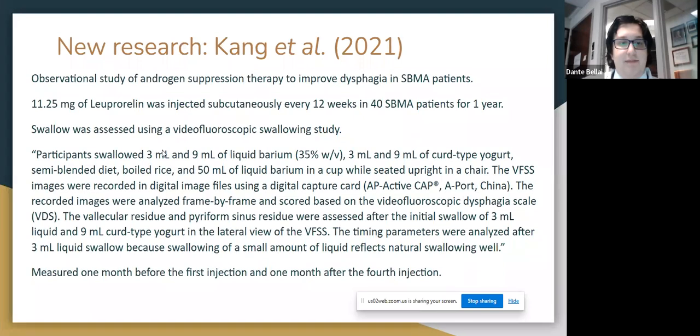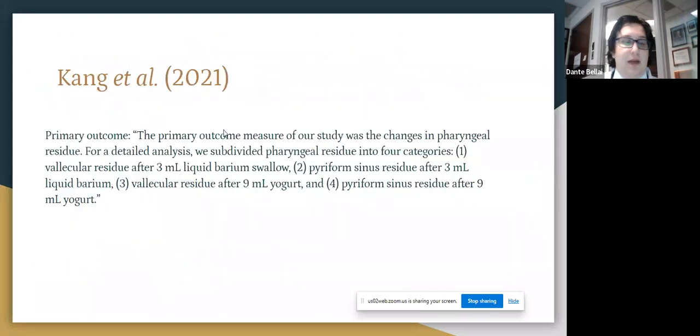This is what they found. So what they were looking for overall was an outcome measure, which was pharyngeal residue. This was broken up into 4 categories: vallecular residue after 3 milliliter liquid barium swallow, piriform sinus residue after 3 milliliter liquid barium, vallecular residue after consuming yogurt, and then piriform sinus residue after consuming yogurt.